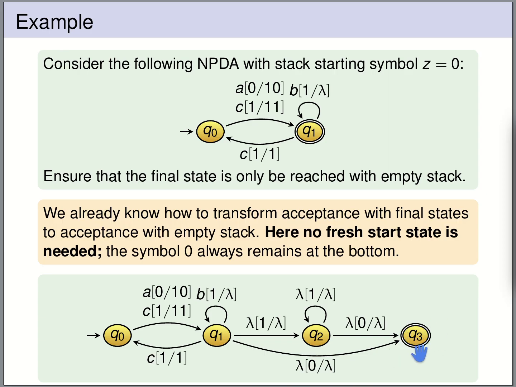So now we switch to the final state when the stack is really empty. Or if there are still ones on the stack, then we switch to Q2. Q2 removes all the ones. And if there's only 0 left on the stack, then we remove the 0 and we go to our final state. So this automaton accepts the same language as our original automaton, but now it reaches the final state if and only if the stack is empty.